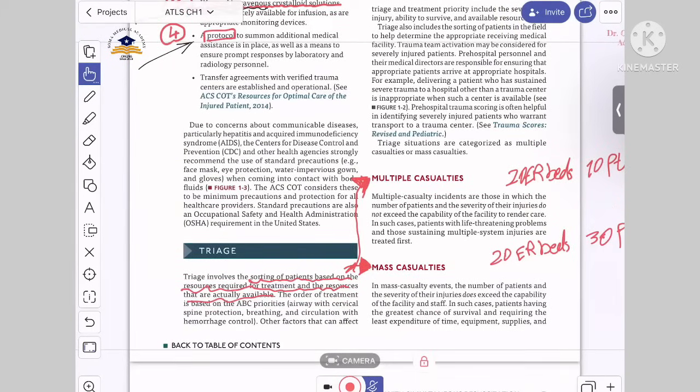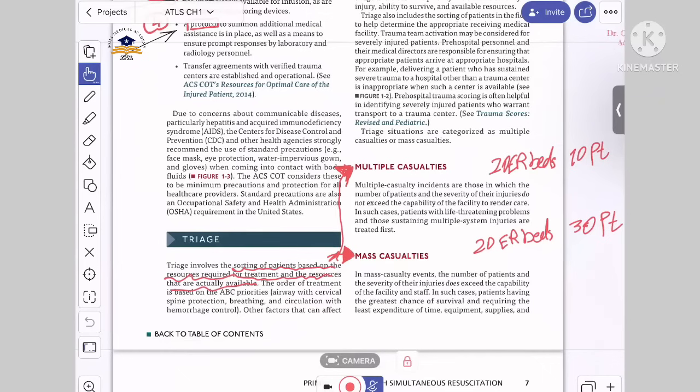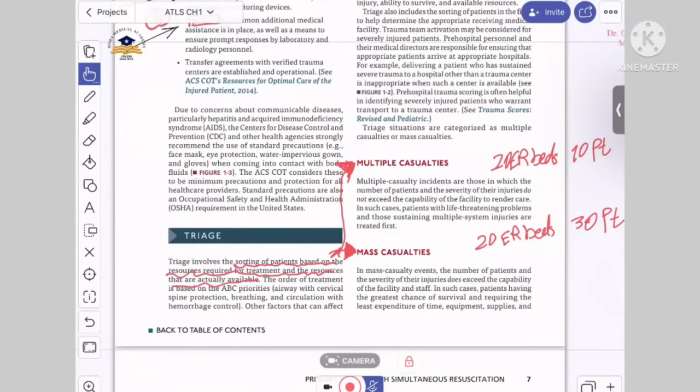Now, regarding triage of patients. Beside the triage of color, the red, the green, the yellow, the triage here depends on sorting patients based on the resources required for treatment and the resources available in the hospital. For example, they divide the triage into multiple casualty and mass casualty.